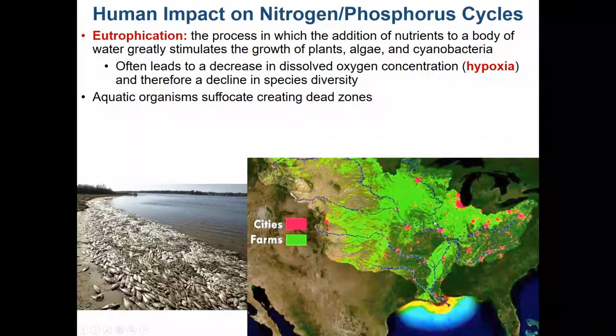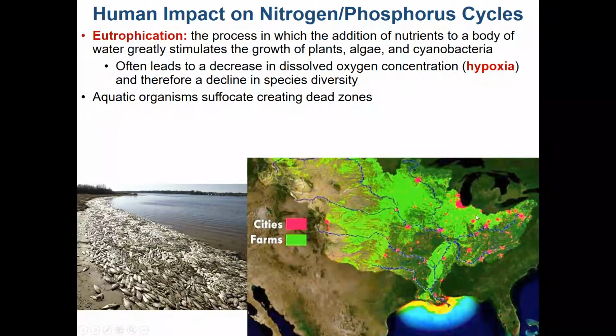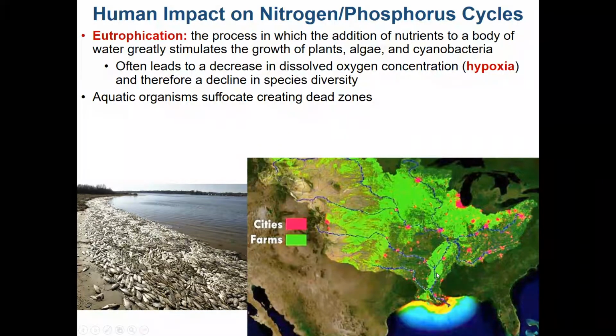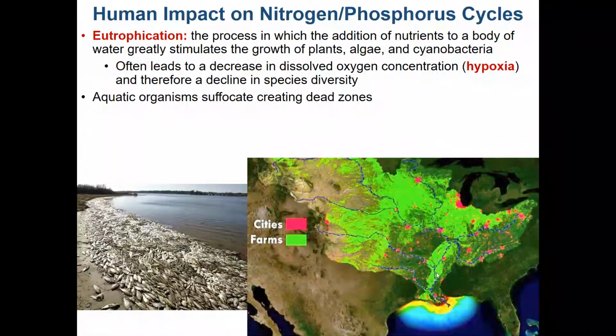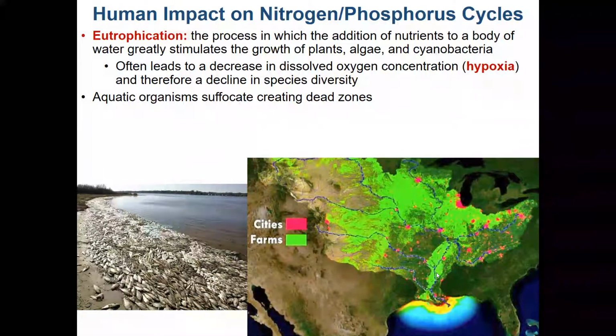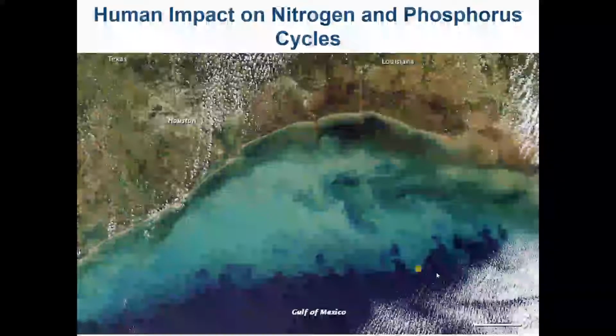And you can see here in our Mississippi watershed, all of this bright green is all farmland, and all that fertilizer used in that farmland, that 90% that doesn't stay on the field, runs into the Mississippi River and into the Gulf of Mexico.